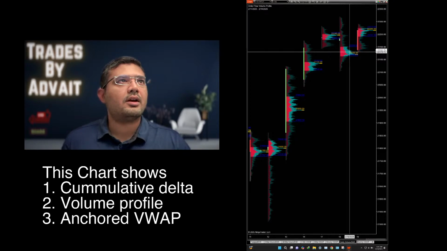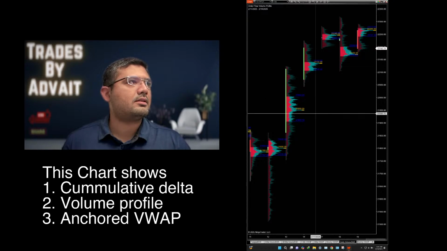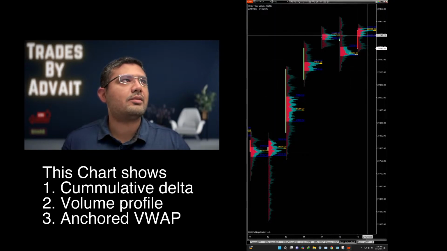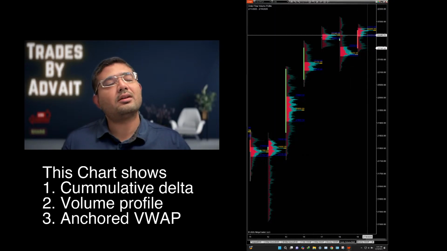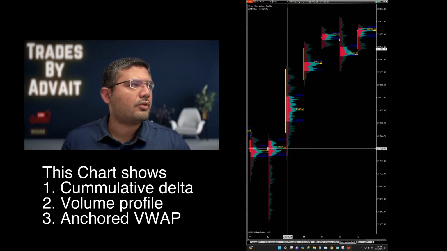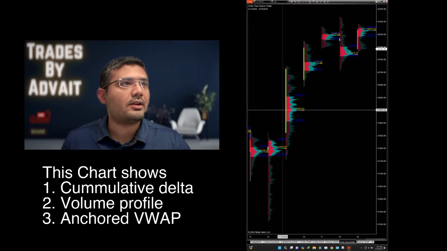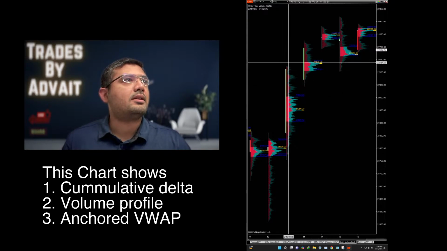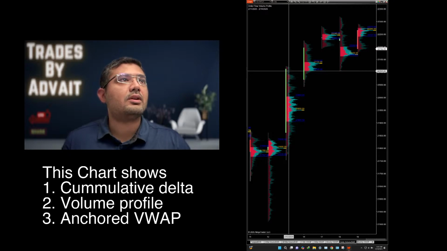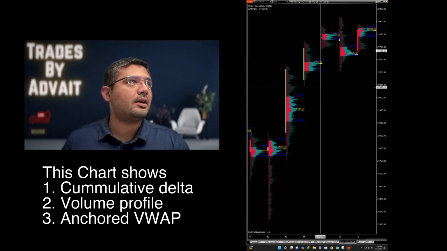This is the volume profile of the past week. We know for sure that in the past week the real support is at 21,950, and then the intermediate support is going to be the psychological level of 22,100. That is the background we are coming from.